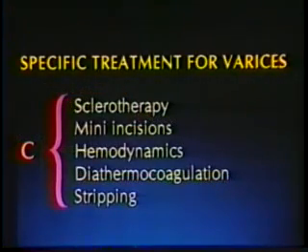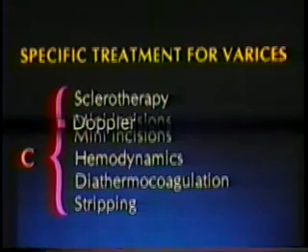We will now mention specific treatments for varices: sclerotherapy, mini-incision surgery, hemodynamic surgery, diathermocoagulation, short, long, proximal and distal strippings, and valvuloplasty, surgical procedures to be used as a last resort.